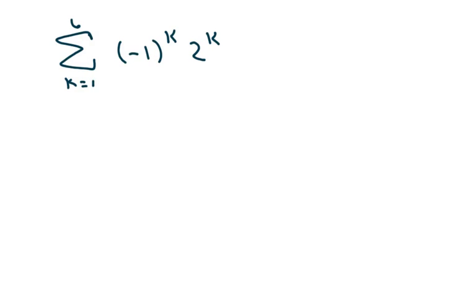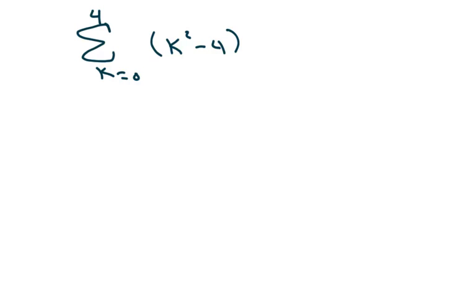And next one we have this oscillating thing going on. Oh, did I skip one? Yeah, I skipped one. Okay, so we have 5 terms here, because 4 minus 0 is 4, then you add 1. So it's going to be 5 terms.